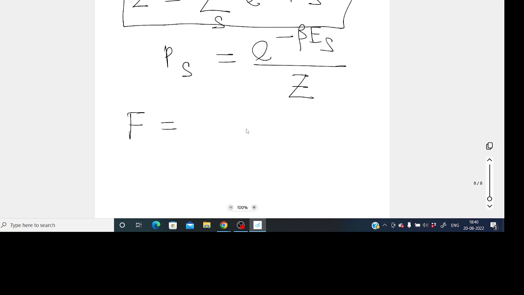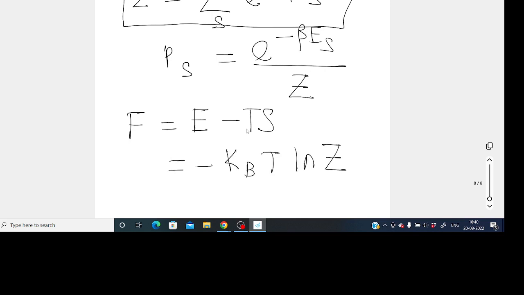And this Helmholtz free energy, which means E minus TS, which I told you in the previous class, is equal to minus k_B T log of Z. If I get some time at the end, then I will show how to get this relation.